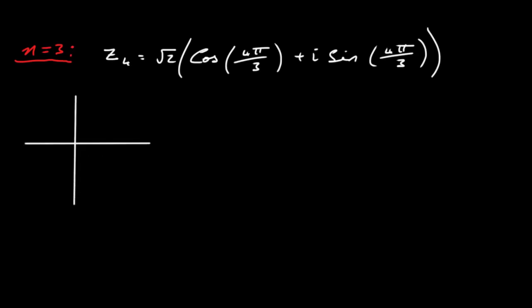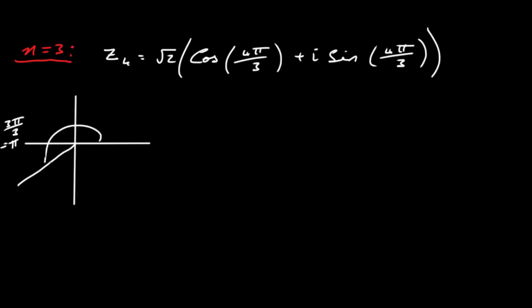So 4 pi over 3 is just one more than 3 pi over 3. So this is 3 pi over 3 here. This is pi out to here, which is 3 pi over 3. It's the same thing. So we want to go just one more than that. We want to go 4 pi over 3. So we're in the third quadrant down here.